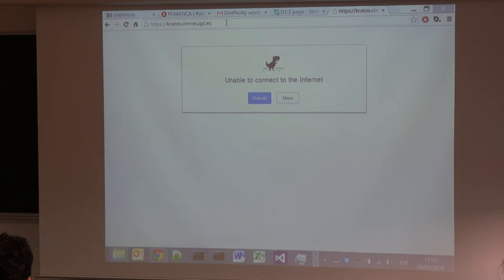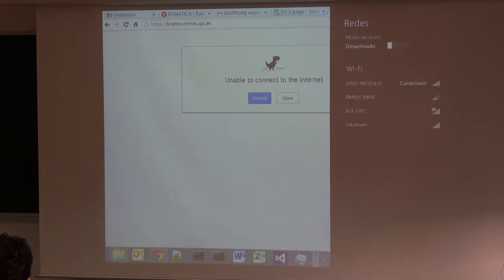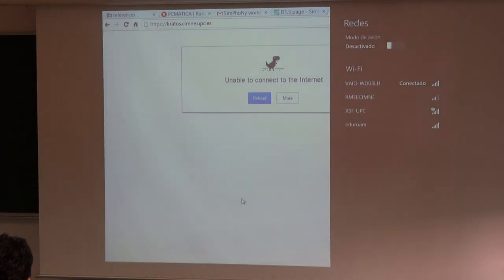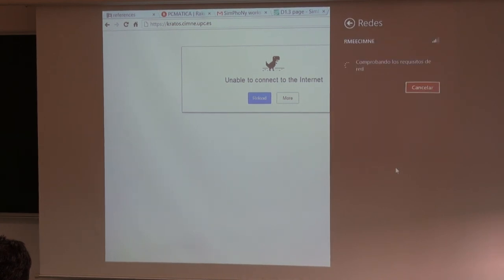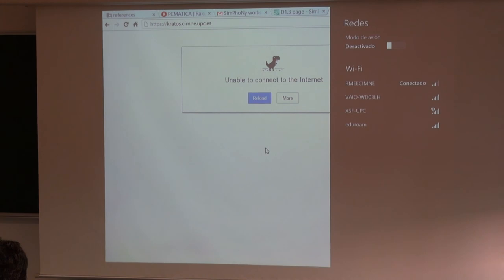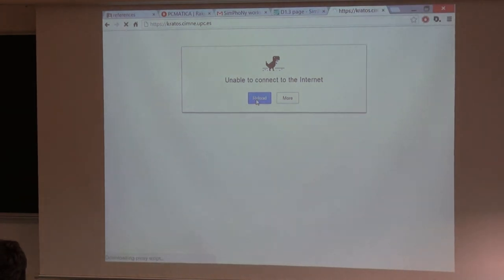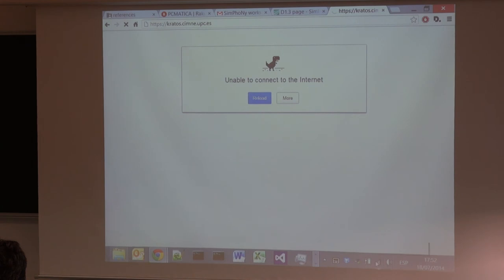Miguel Ángel, ¿tú no tienes el acceso a internet en tu portátil? Eso es lo que hice.